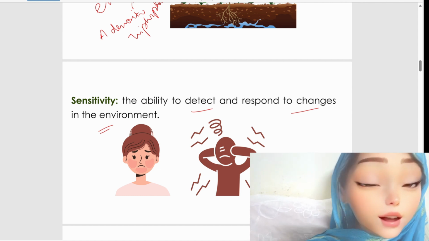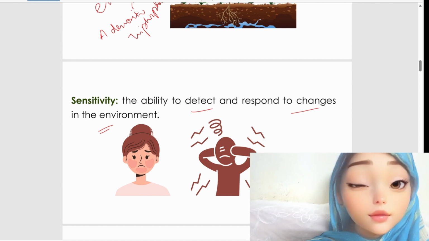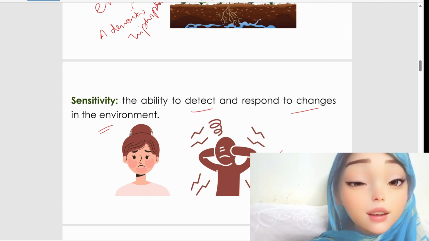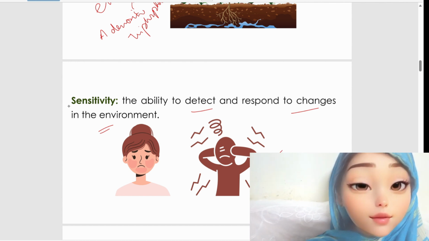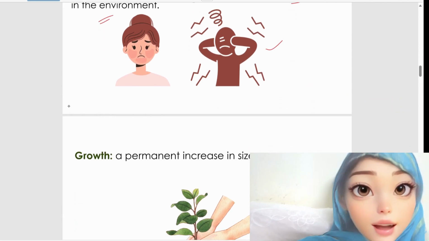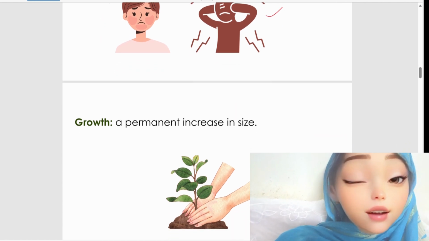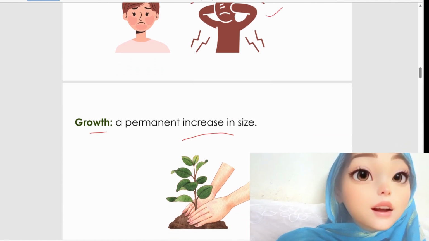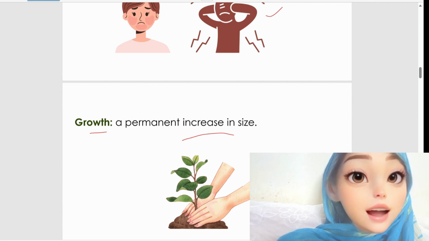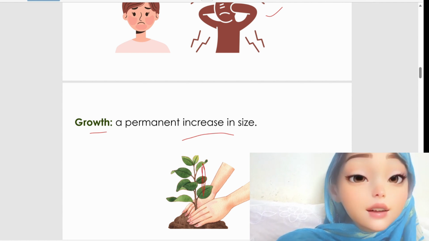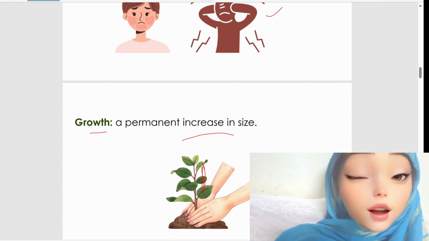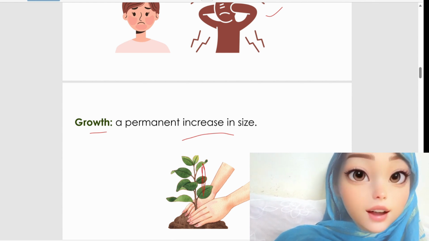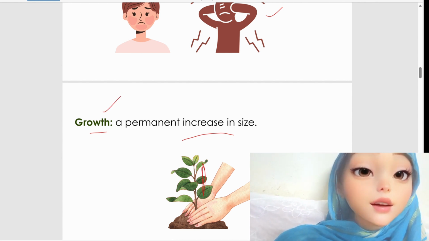Now let's move on to the other definition, that is growth. So growth is a permanent increase in size. When the organism is permanently increasing in size, like plants increasing in size, that permanent increase in size is its growth. Now let's move on to the next definition, that is reproduction.